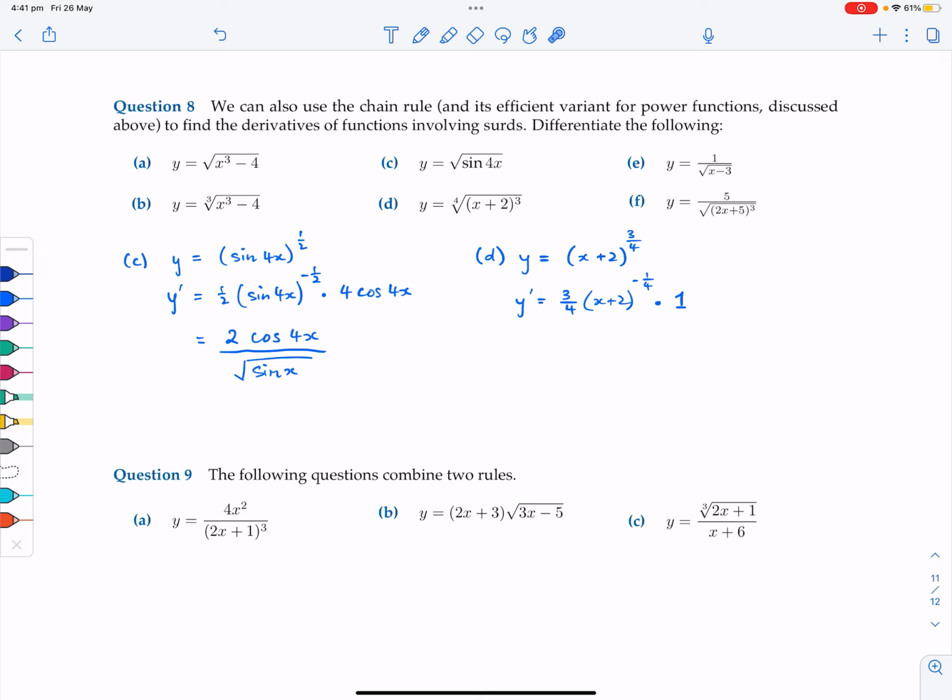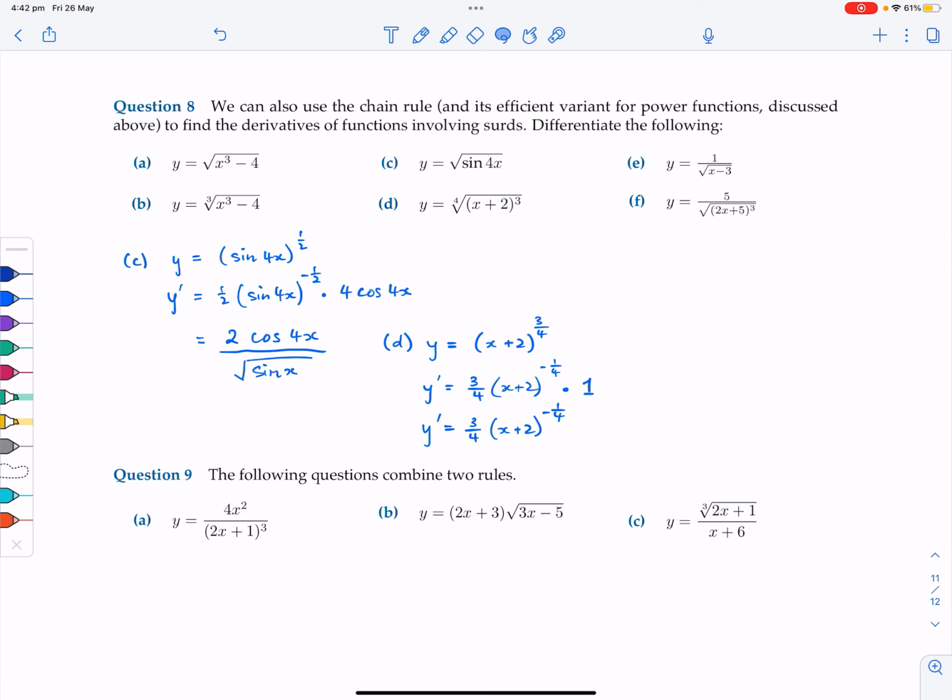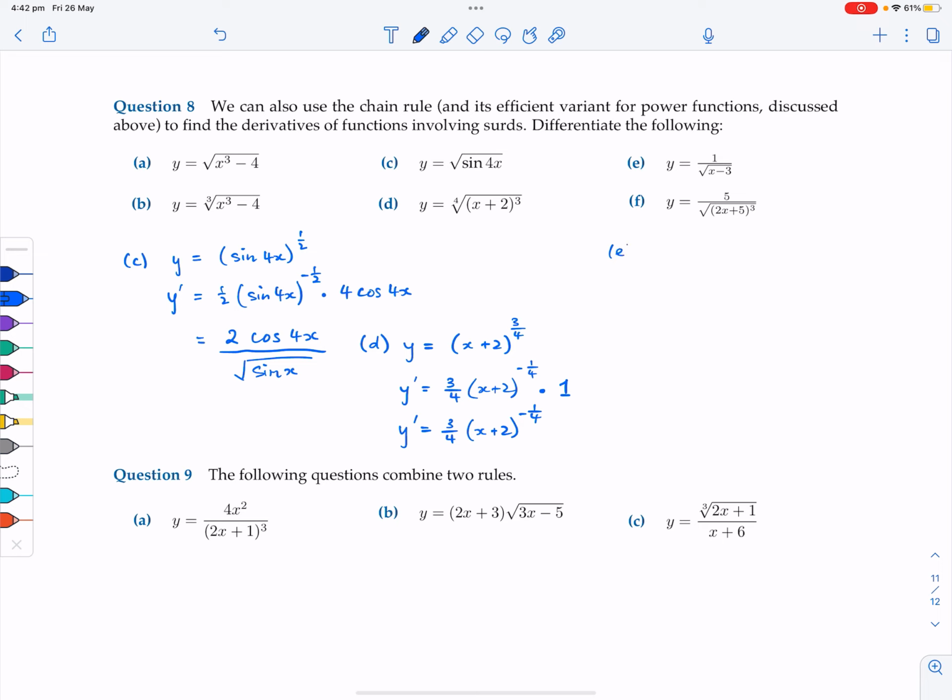But we need to remember that when we've got something to a power, we need to be multiplying by the derivative of the something. And so y dash is, there we go. That's a perfectly good way to write it. I'm not going to write it in surd form, but if I was required to, I could. So could you.